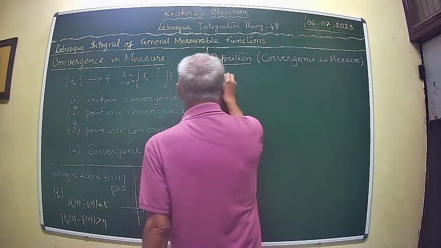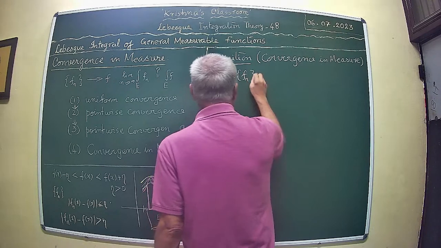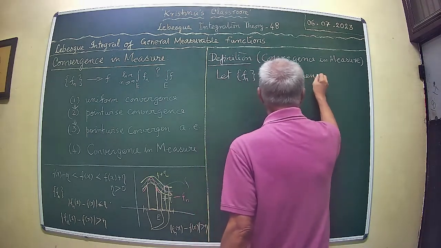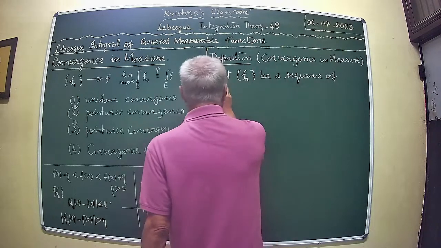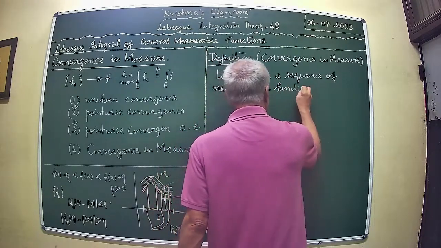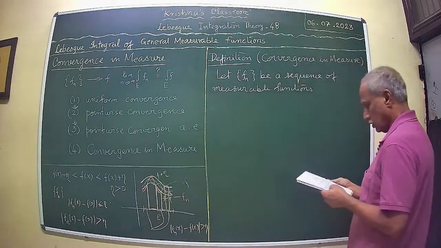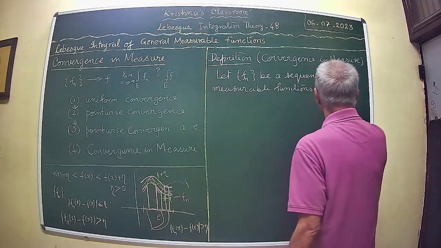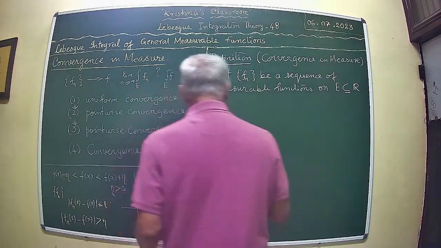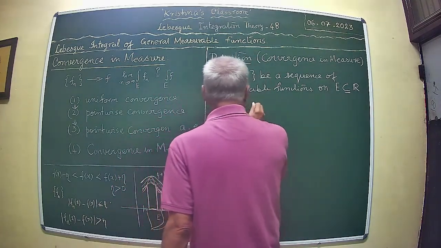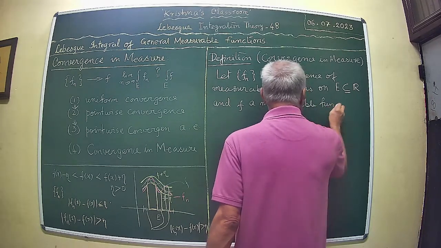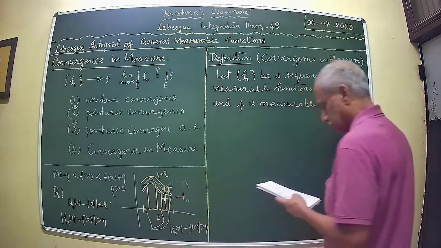Let Fn be a sequence of measurable functions on a measurable subset E of R, and F a measurable function.